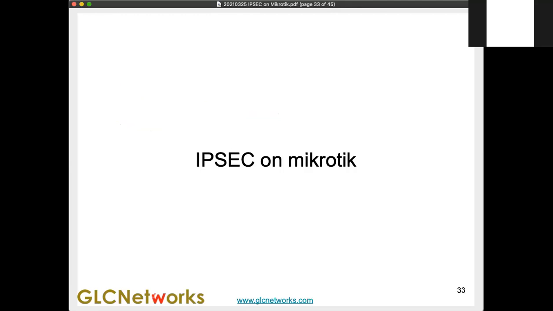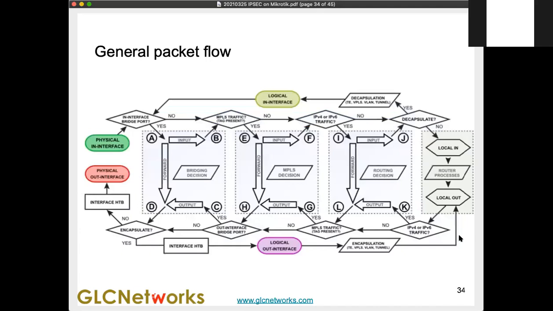And then for the Mikrotik, this is the general packet flow. It looks scary, but we can trace it. We start from here, the physical input interface, the inbound interface. It checks whether the interface is bridged or not. If not, we go here and check: is it MPLS traffic?